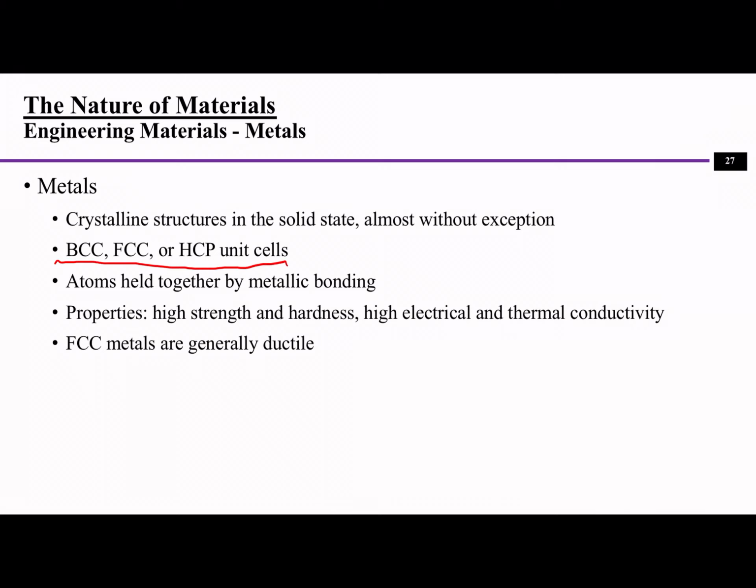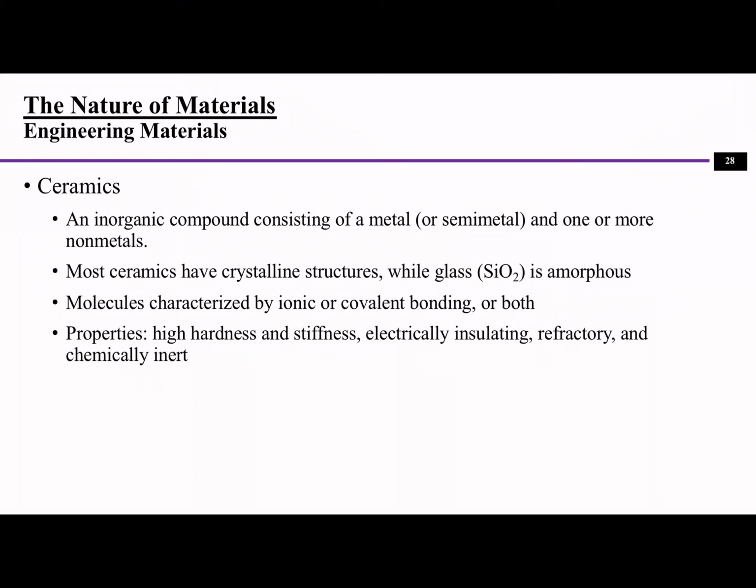And the reason they have high strength and hardness is because of the structures, closely packed with repeating patterns, not a very loose structure. Metals are also generally very ductile.